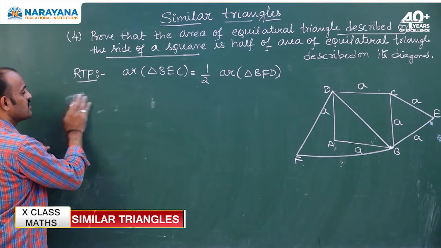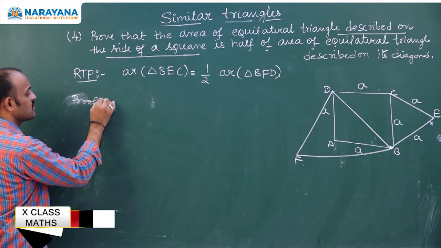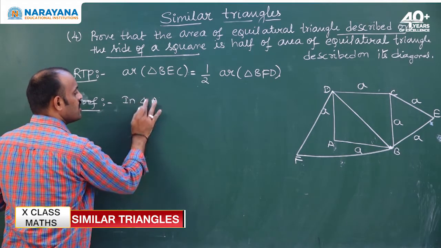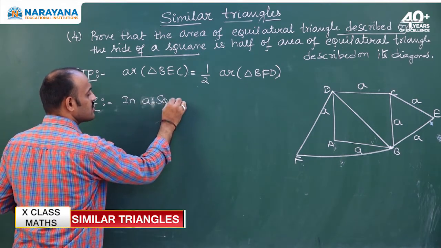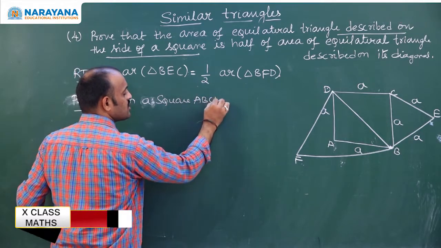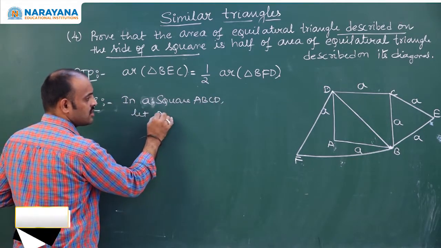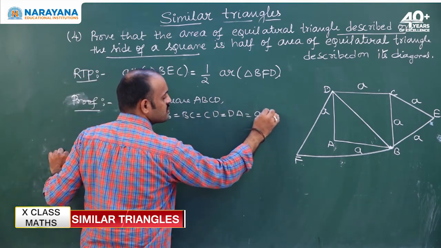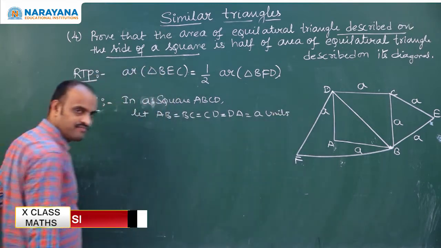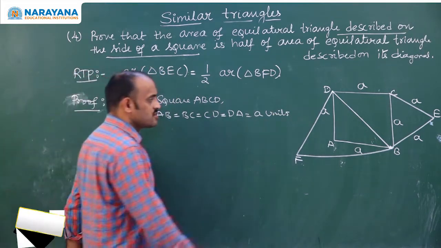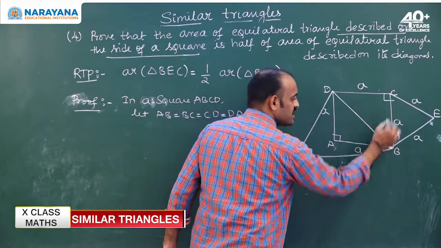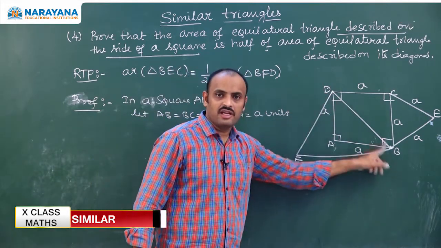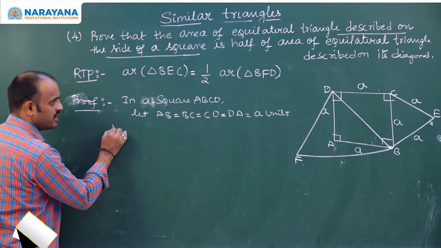So, what is given? Let us see the proof here. In a square ABCD, let AB is equal to BC is equal to CD is equal to DA is equal to A units. In a square, each angle is 90 degrees. So, using Pythagoras theorem, we can find the length of BD.